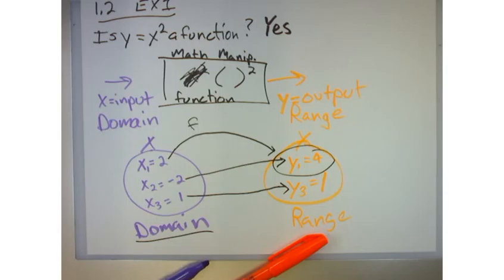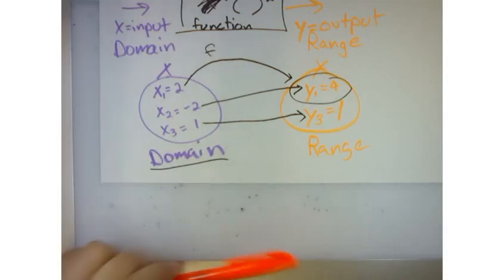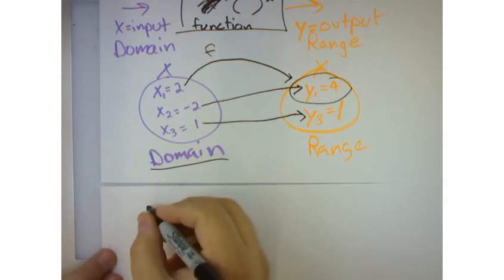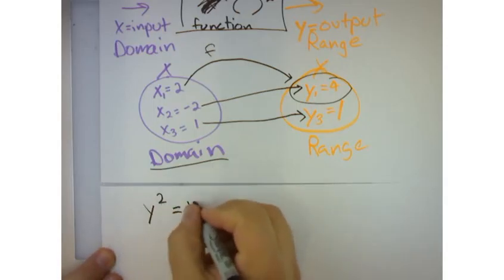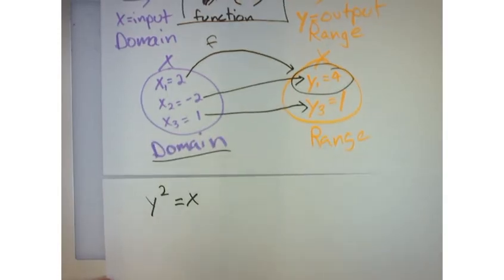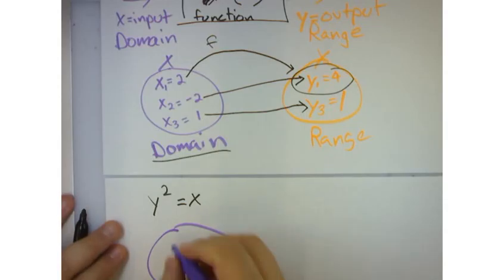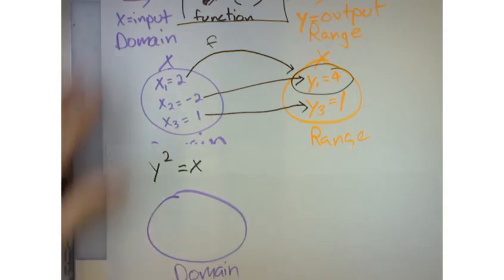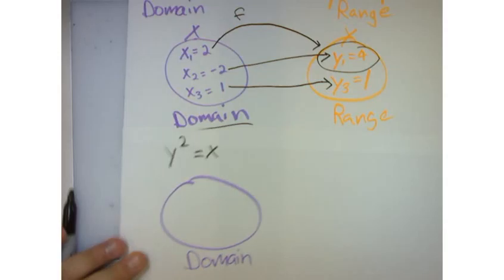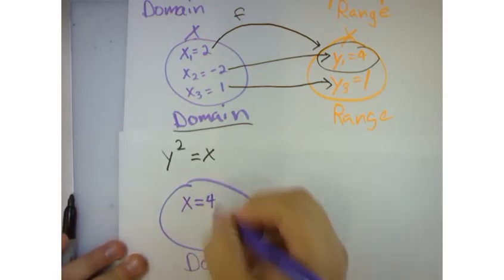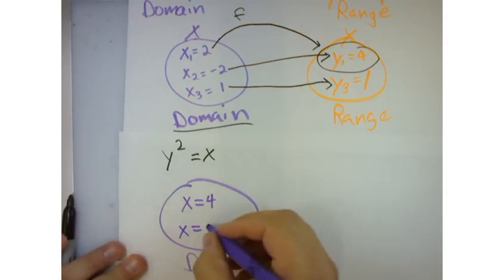Now watch this. If I change this around a bit, and I say y squared equals x, and I do the same thing. But now in my domain, I'm going to let x equal 4 and x equal 9.